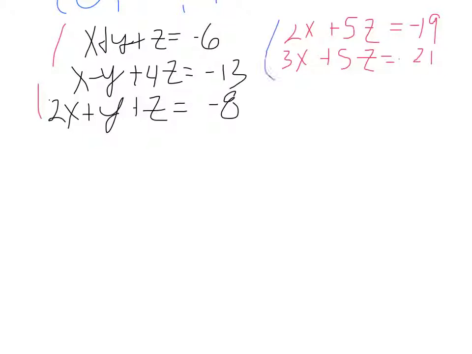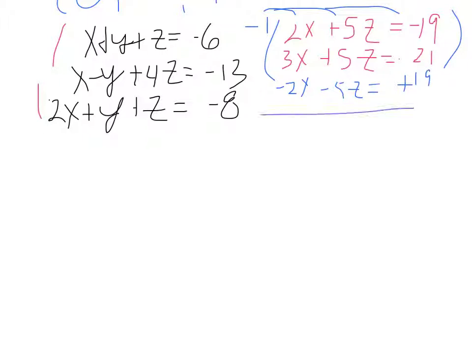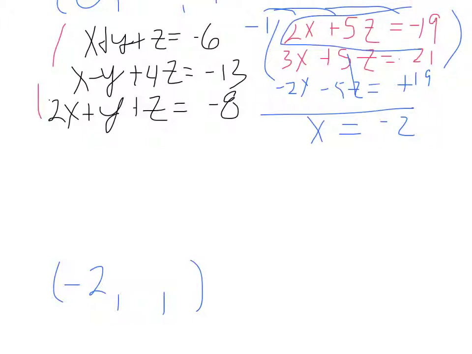So over here, it looks like the z's are probably the easiest to get rid of, so if I multiply the top row by negative 1, we have negative 2x minus 5z equals positive 19. Add these up. The z's cancel, x equals negative 2. So our solution is x equals negative 2. To get our z, we'll go ahead and substitute in here.